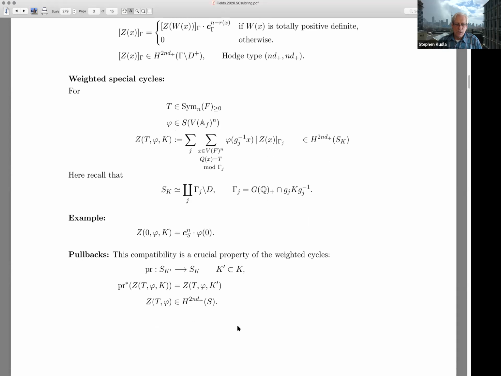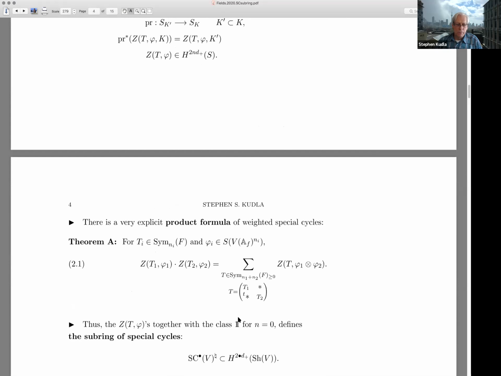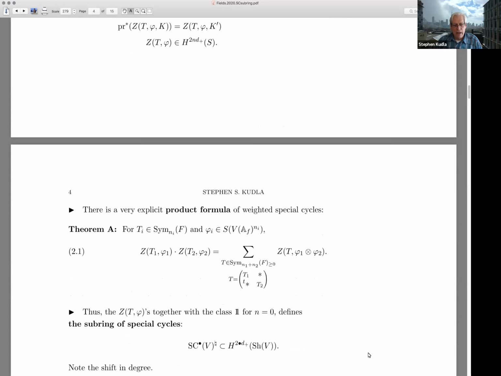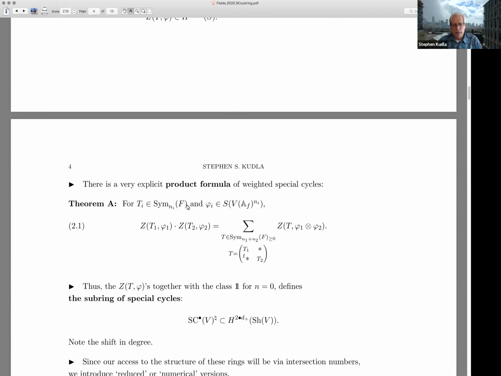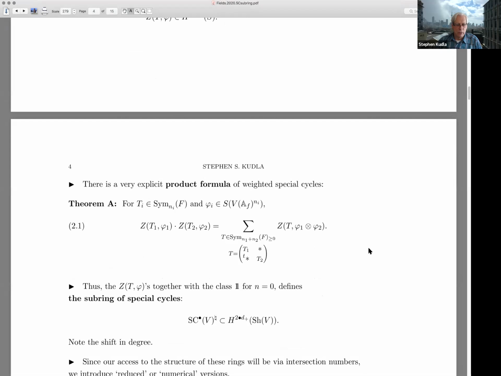Okay, so now these weighted cycles have many other nice properties. For example, one very nice property is that when I look at their cup product, now of course I'm working in this graded ring as I vary the index. If I have two cycles, Z(T1, φ1) and Z(T2, φ2), I can take their cup product.